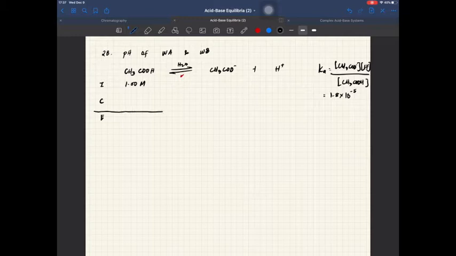So ICE table stands for initial, change, and equilibrium. What happens when acetic acid partially ionizes to acetate and hydrogen ion is that as acetate and hydrogen ion are produced, they also form back the unionized acetic acid.